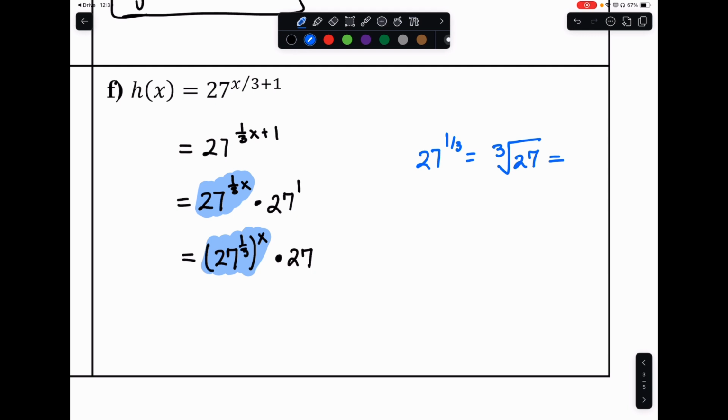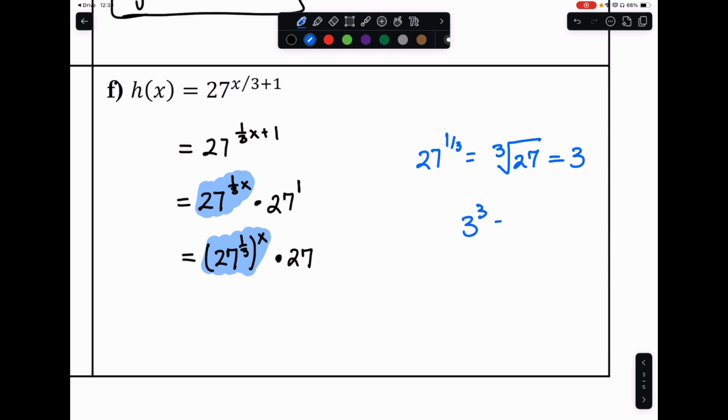To figure this out without the use of a calculator, I just need to know what number I can multiply by itself 3 times to get 27. That number would have to be 3. 3 times 3 is 9, and 9 times 3 equals 27. So the third root of 27 has to equal 3.